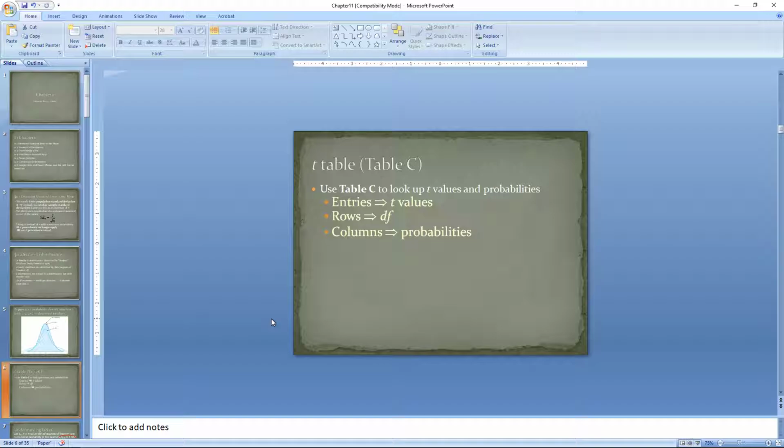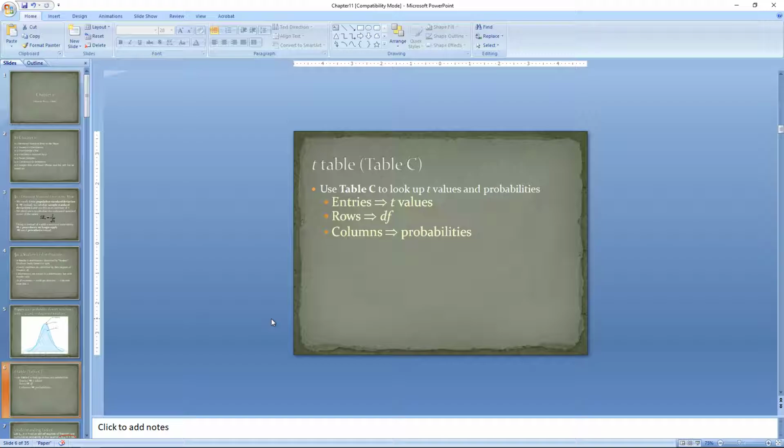You have the cumulative probability, which we're familiar with from the z-table, the upper tail probability right underneath it, and then the two-tail probability. If you notice, the two-tail probability is always double the upper tail probability. The upper tail is the distribution to the right, and the two-tail probability is the total probability in both tails.